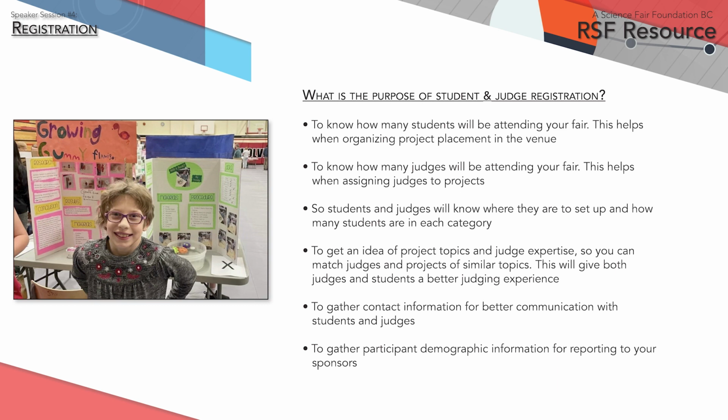For me, it's really about finding what that purpose is. When you're setting up for judging, the first thing you want to do is get an idea of how many students you're going to have. You also want to make sure that you have enough judges to judge them.